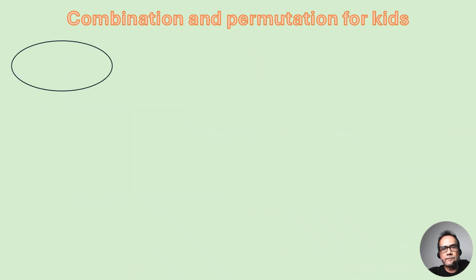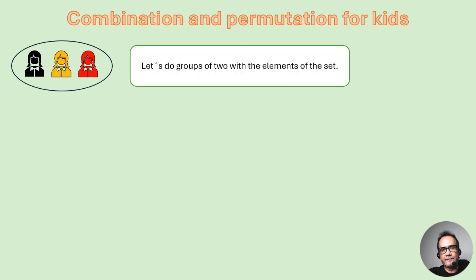Let's have now a set with 3 elements. But now we're going to do groups of 2 with the elements of the set. If the order doesn't matter, we can form our groups with 2 elements.